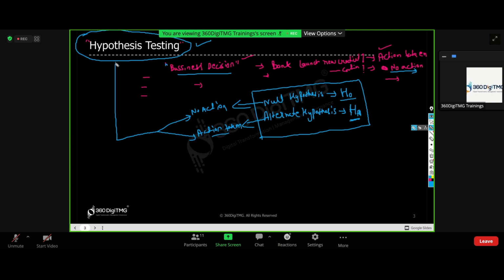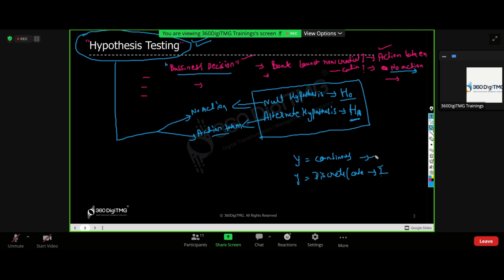Now, to perform hypothesis testing, you have various components. Let's say when y is continuous, your output variable is continuous, you will have a different test. When y is discrete, or you can call it categorical, you will have a different method or technique to perform this testing.